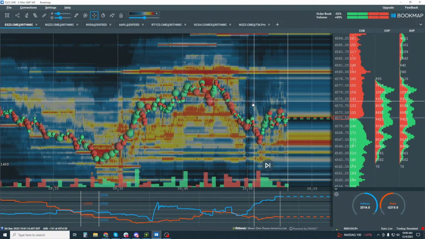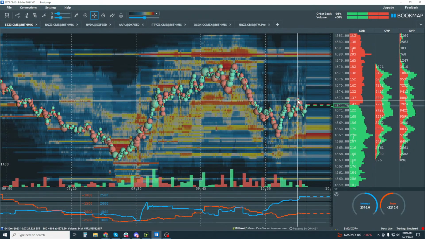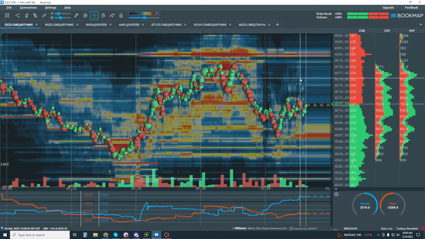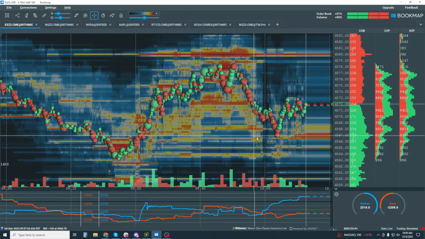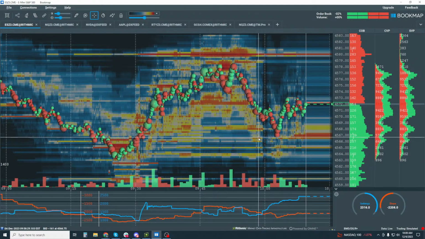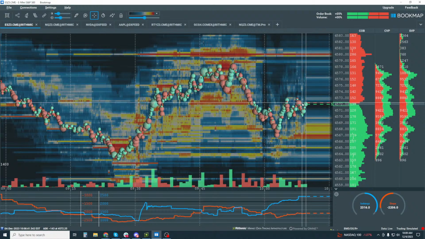That said, now that we've looked at it, we can still look for buyers up here and the move higher. But when we really start to understand the volume in here, it becomes a little more apparent.